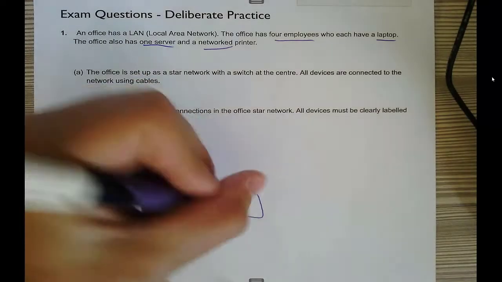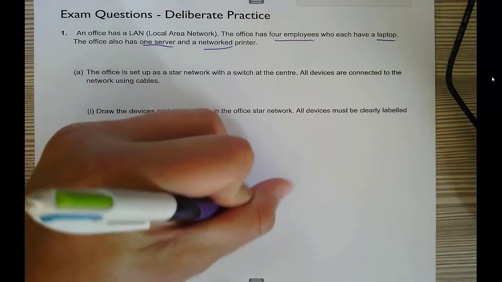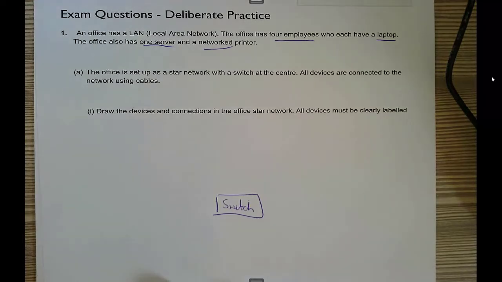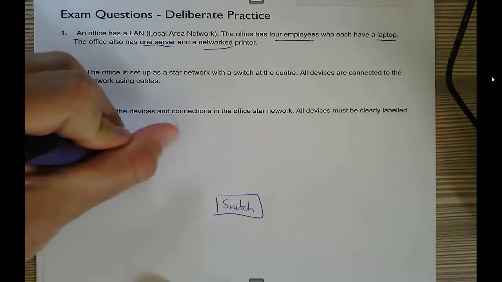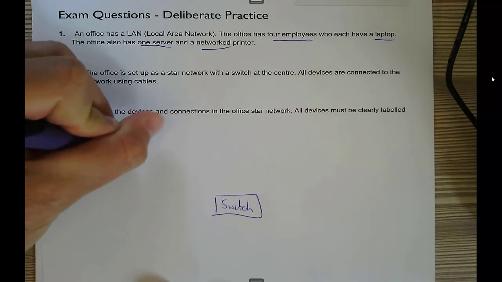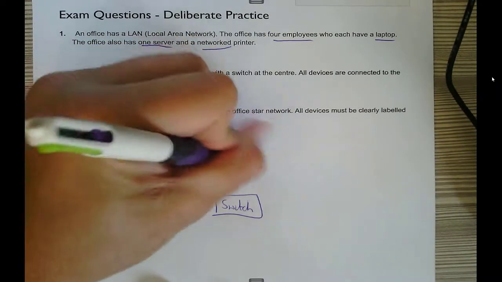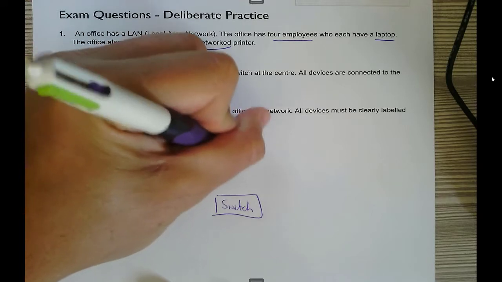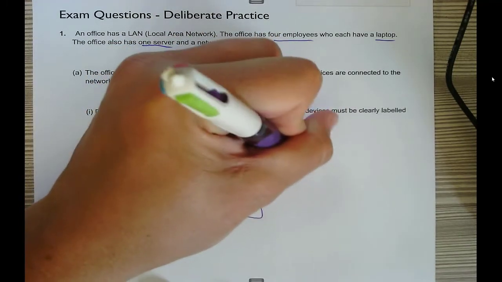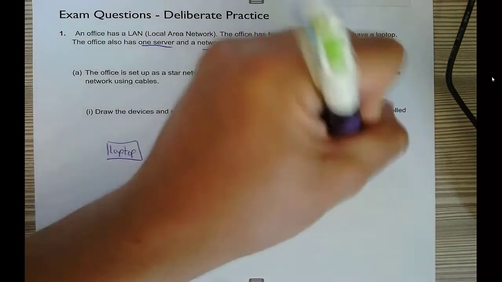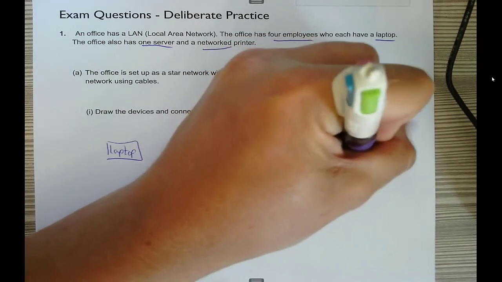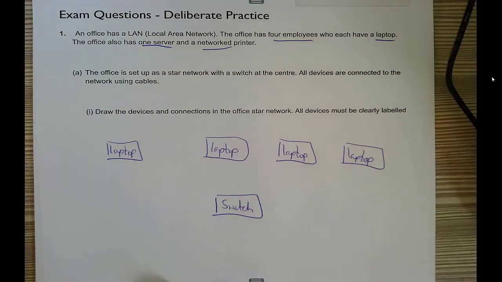Well, first of all, it says there is a switch in the center, so I'm going to draw a switch here. It then says there's 4 employees and each have a laptop. So I'm going to draw a square and write laptop, laptop, laptop, and laptop. So there's my 4.